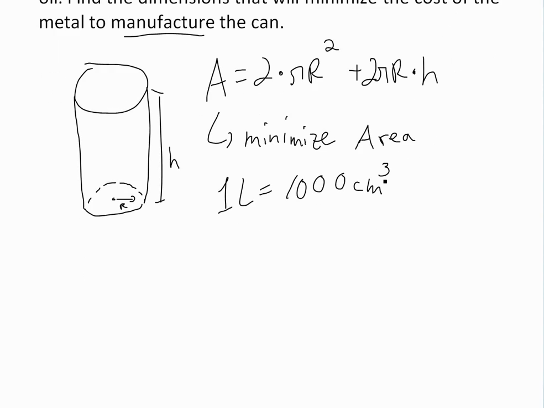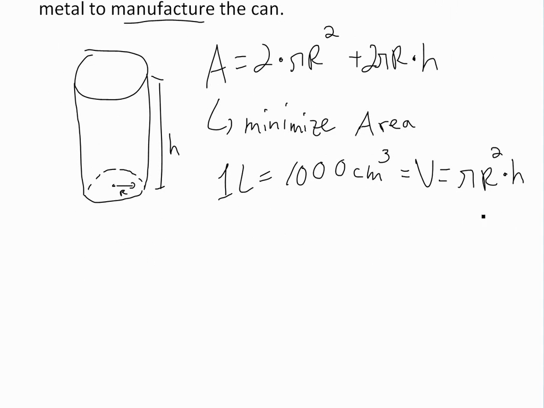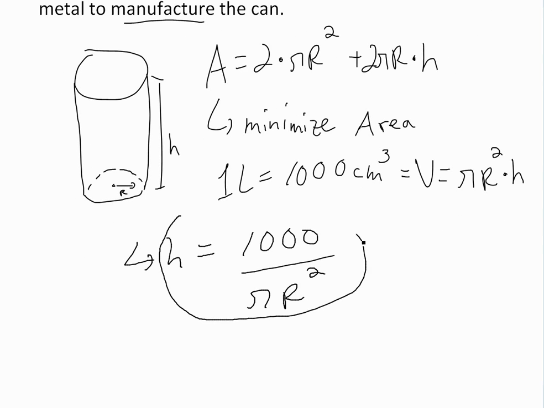The volume of the cylinder is pi r squared times h, the area times the height. So 1,000 equals pi r squared h. We can rearrange to solve for h: h equals 1,000 over pi r squared. Now we can plug it in.